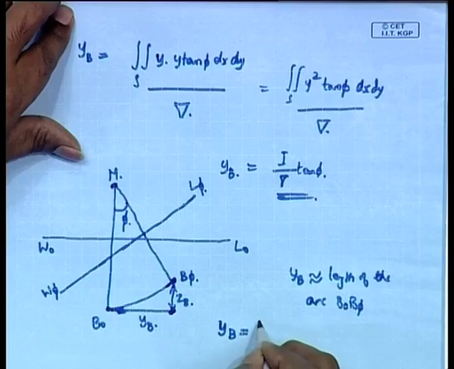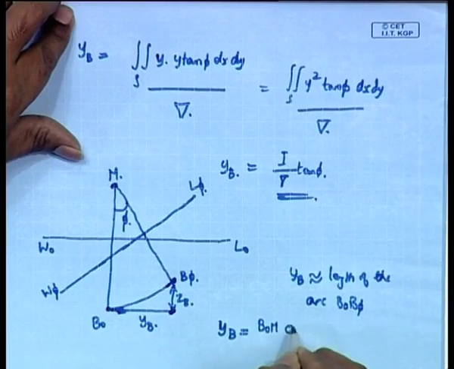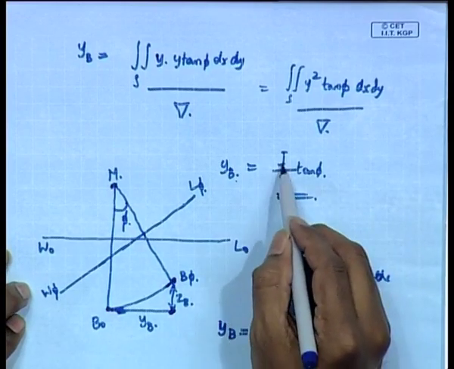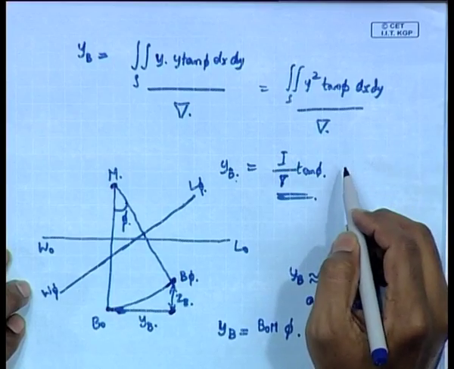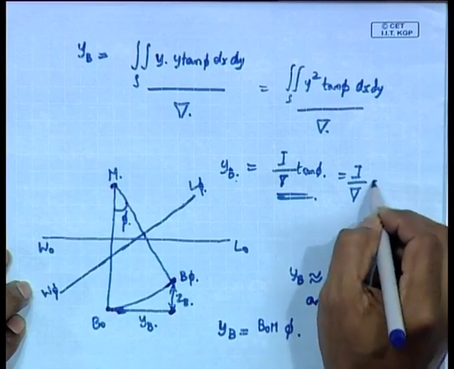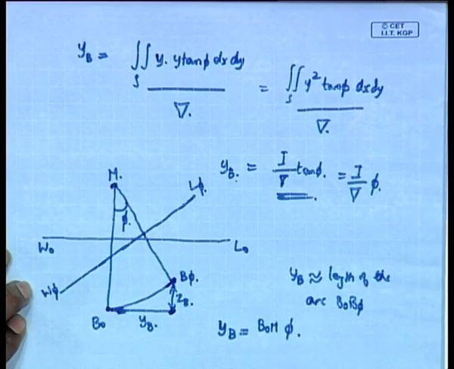So, B0 m into phi, and here we have that yb is equal to I by del tan phi. Now, if phi is very small, we can write this as I by del phi, because tan phi approximates to phi in the case phi is very small.